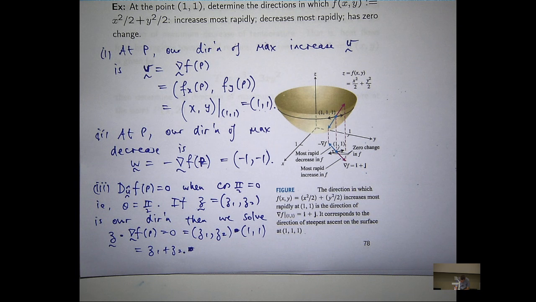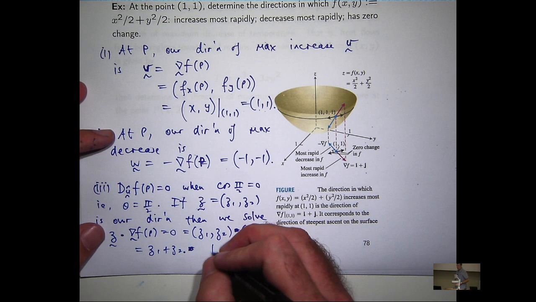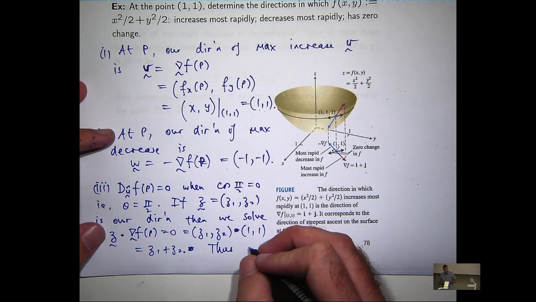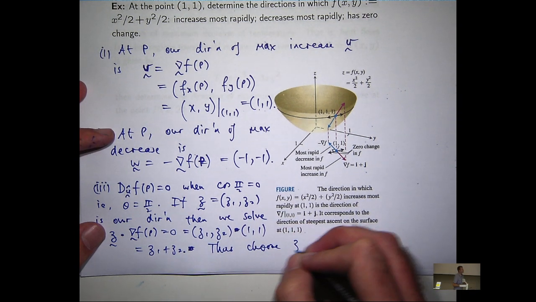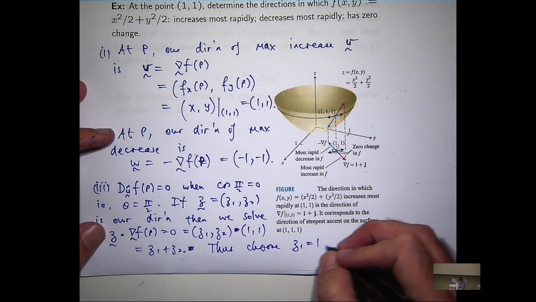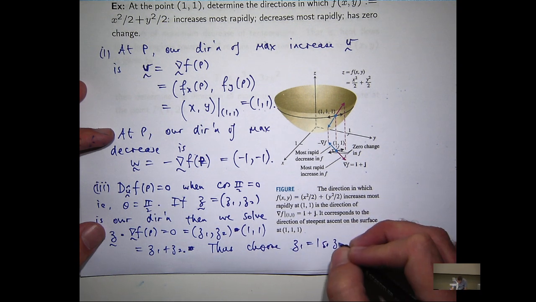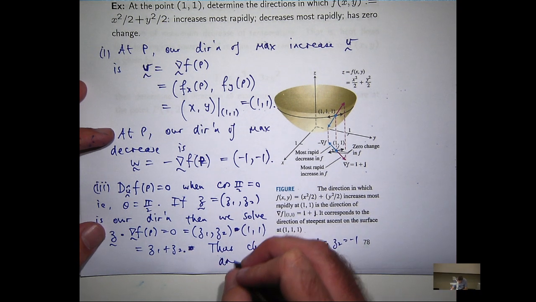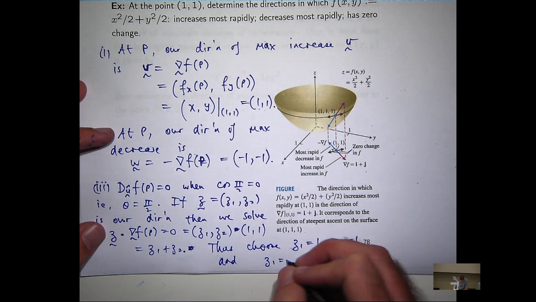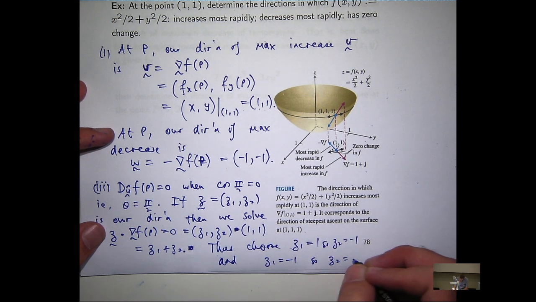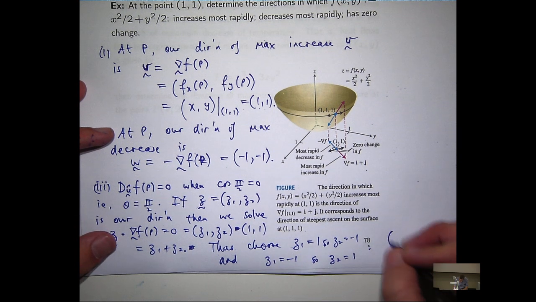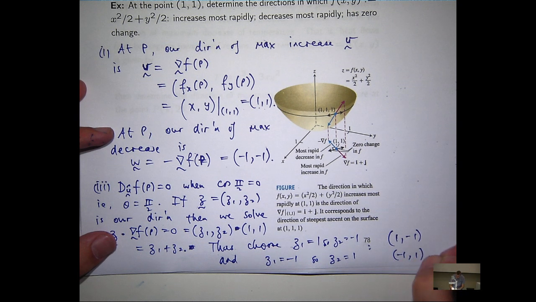Whatever Z1 is, choose Z2 to be negative, so say 1 and -1. So our vectors then are 1, -1, and -1, 1.